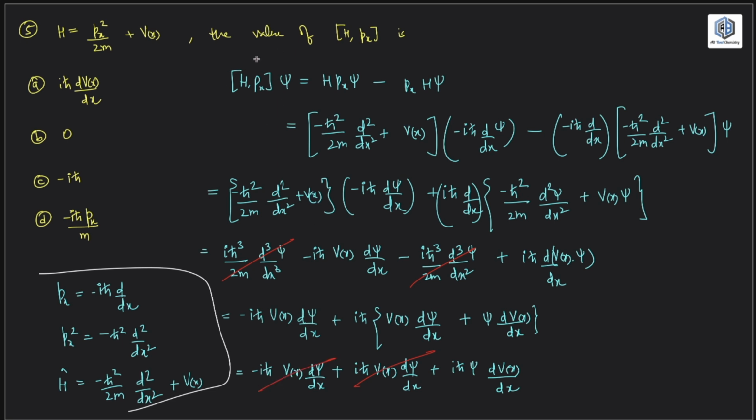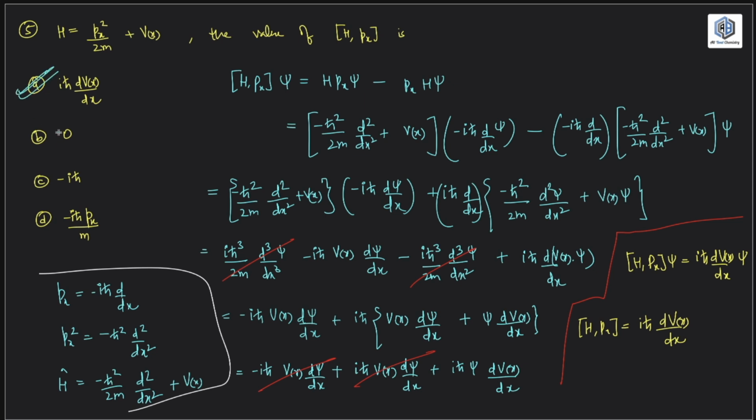So when you started from H comma px on psi, it became i h cross dVx by dx psi. So you can remove psi from both sides. The value of H comma px will be equal to i h cross dVx by dx, which is option A. So option A is the correct option.